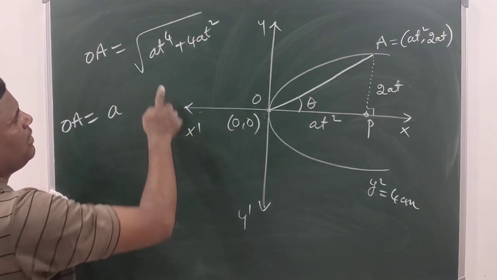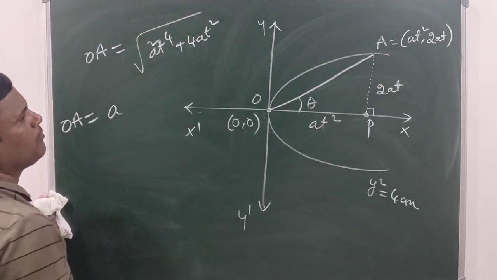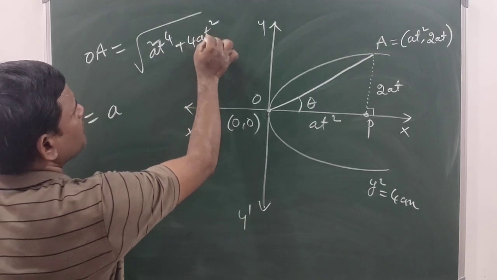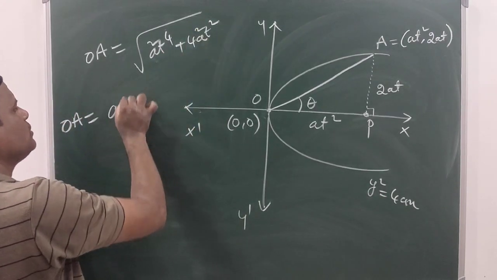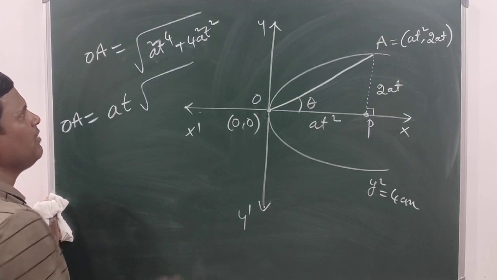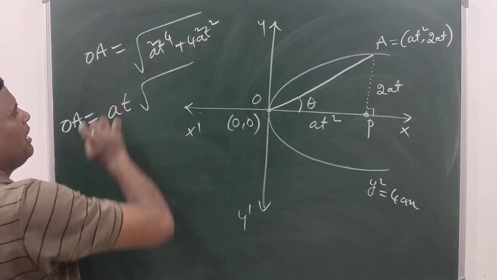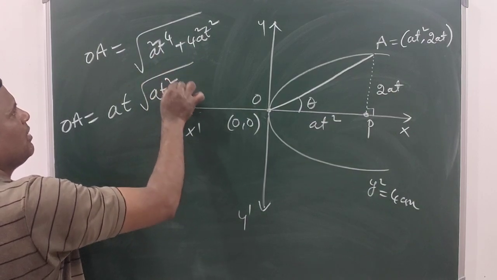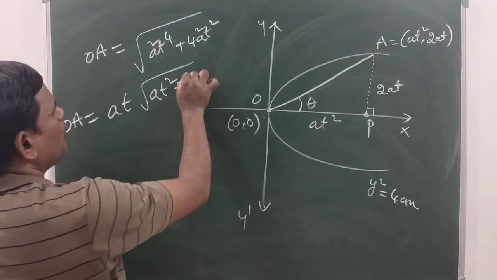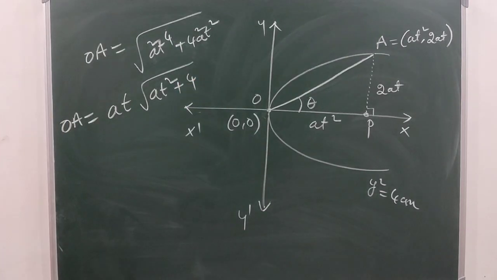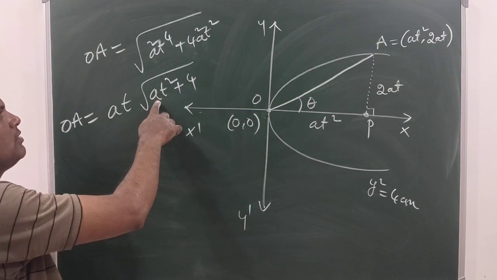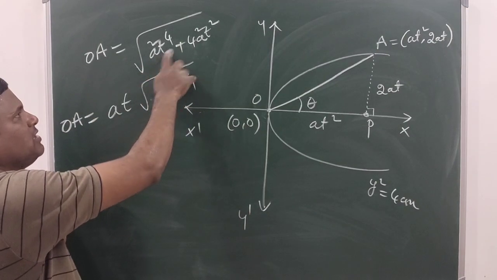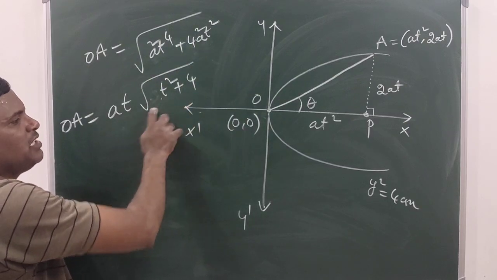A square t square. When you take at as common from both terms, here what is left? t square, and here 4 will come. So here only t square plus 4 will come.